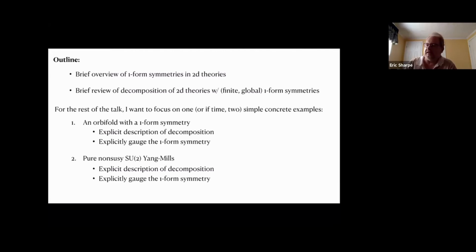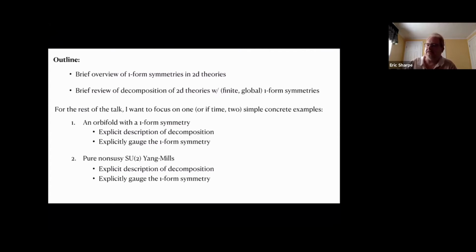And then in the remainder of the talk, I'm going to focus on one, or if there's time, two simple concrete examples. The first example will be an orbifold with a Z mod 2 one-form symmetry. I'll walk through explicitly how decomposition works in that case, and then I'll talk about how one can explicitly gauge that one-form symmetry. And then if there's time, I'll perform the analogous analysis in a pure non-supersymmetric SU(2) Yang-Mills theory.